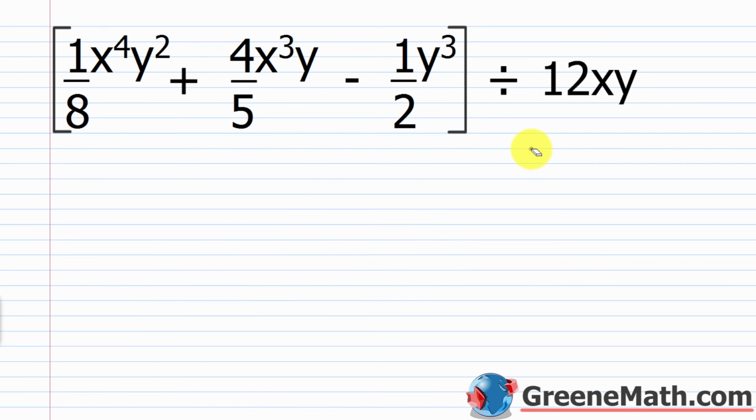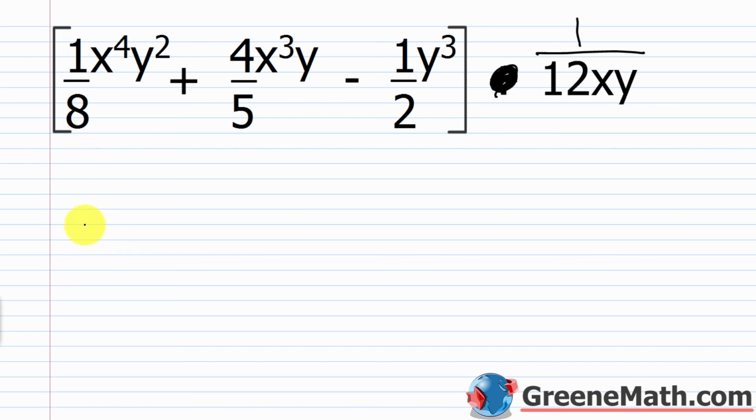Instead of dividing by 12xy, I can say this is times 1 over 12xy. It's the same thing. If I were to multiply 20 by 1/2, it's the same thing as if I divided 20 by 2, right? So doing it this way is just going to make it simpler for us.